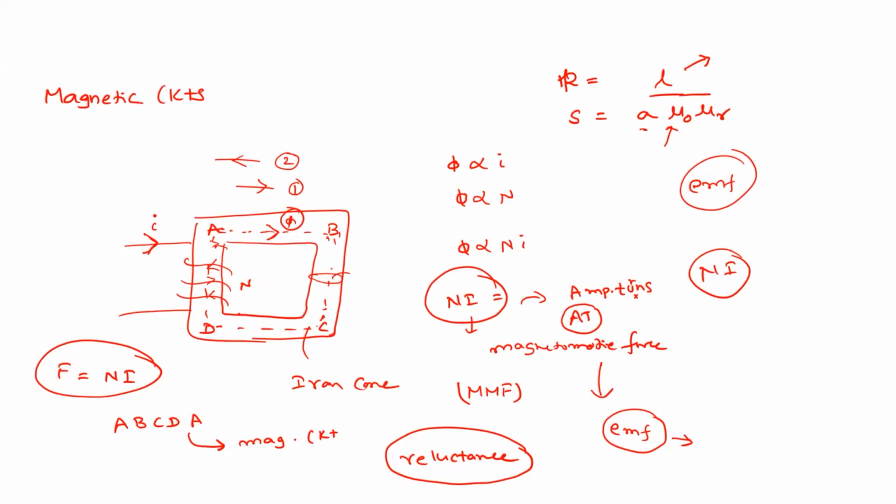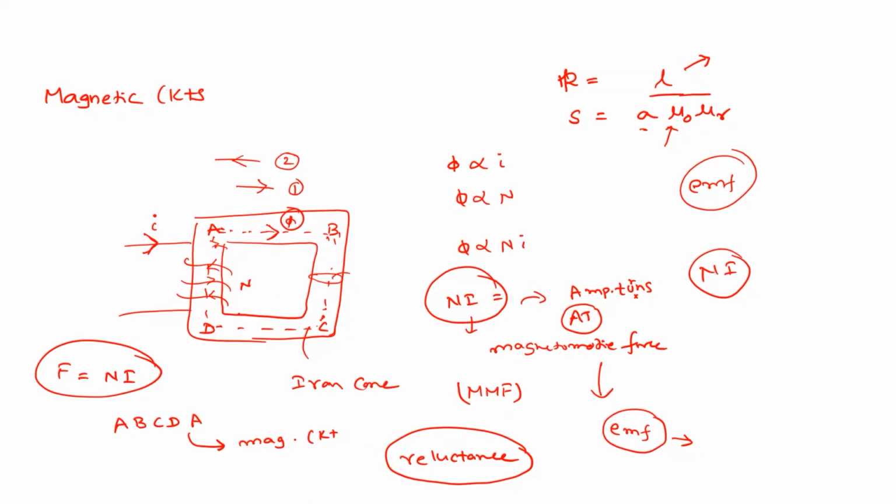What is that something? Magnetic field, sir. Magnetic field or magnetic flux? Yes, magnetic flux, sir. So now you understood, right? Permeability is the easiness of flowing the flux. If it is more, the flux flows more easily. Its reciprocal, or its opposite, is reluctance.